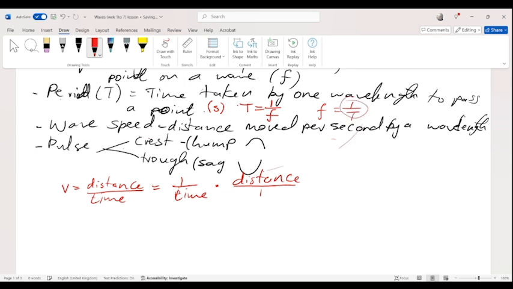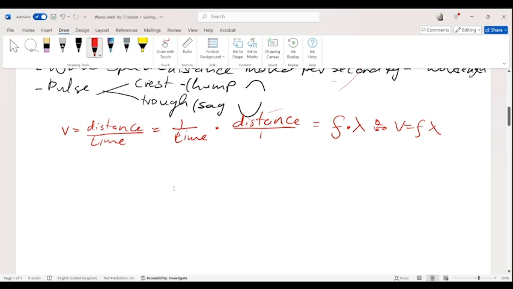So if you take the inverse, you will agree with me that we will have frequency times distance. And then what is the distance? The distance is the wavelength. So v equals frequency times lambda. And you must just know the formula by heart.